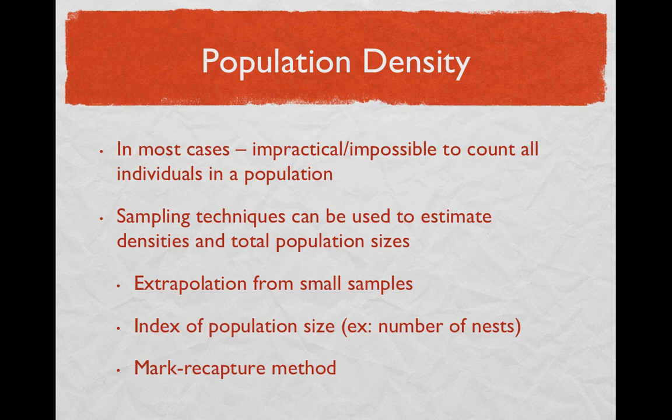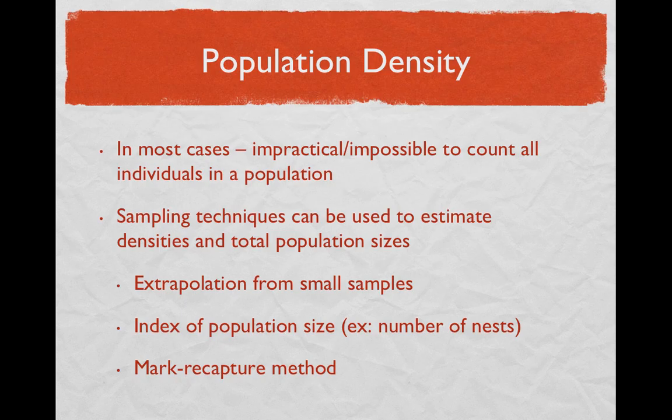All right. We can also use indexes. So that extrapolation works particularly well with things like plant species and trees and shrubs, things that don't typically get up and move on us. So it's a lot easier to take that sample.